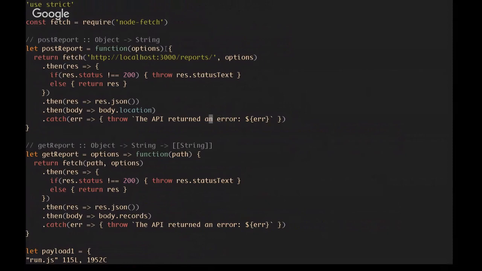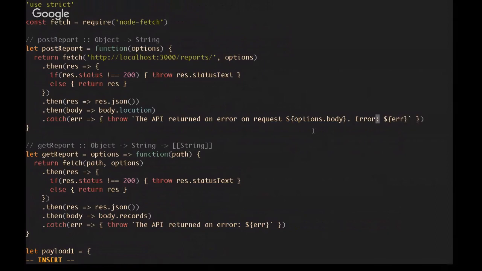So you could say returned an error, and then instead of just throwing the error, you could say returned an error on request, and then just pass in that request that you are currently forwarding on to the API. So it might be something like options.body, right? And then period, and then error.